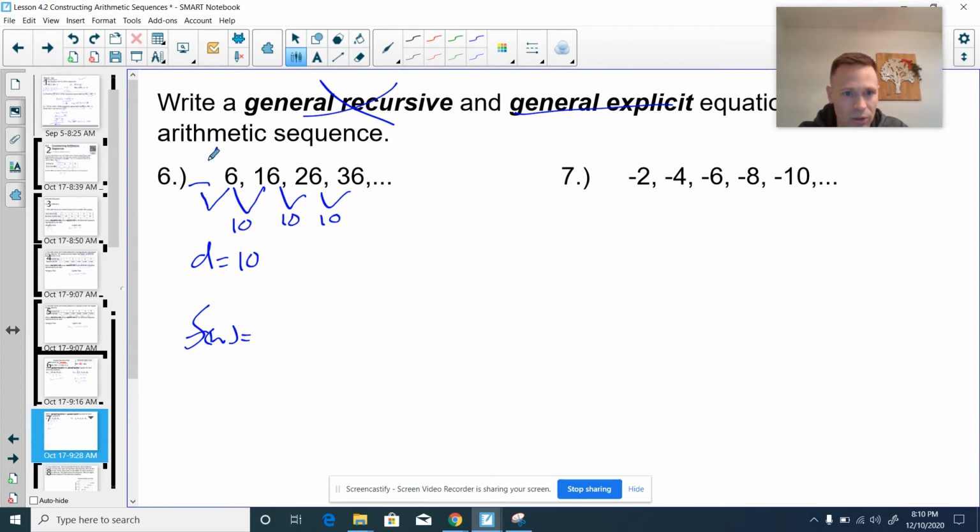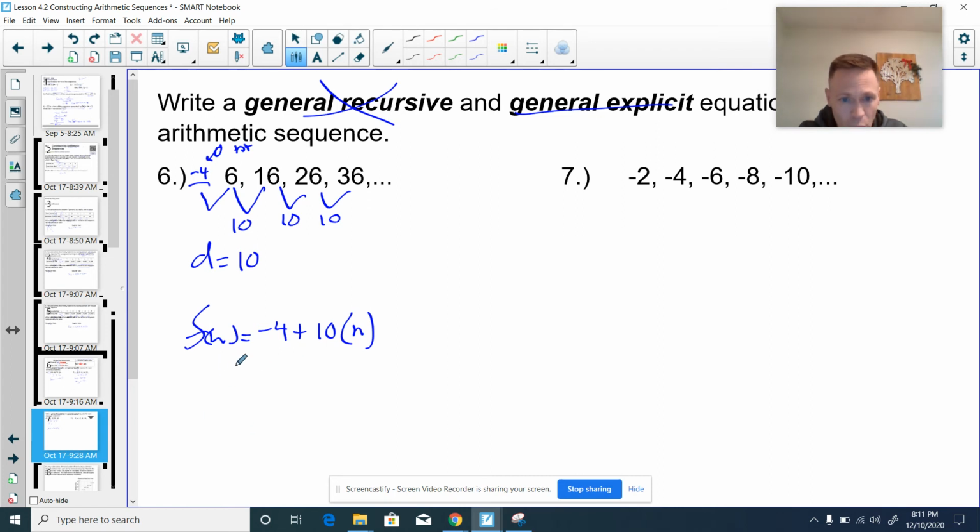So what one really goes here? I have to subtract 10 from 6, which would be negative 4. So negative 4 plus 10 times however many times I do it, which would be n. Right? And again, just to prove to you, we can get the first term. This would be 0. This would be the first term, right? I want to get 6 for the first term.